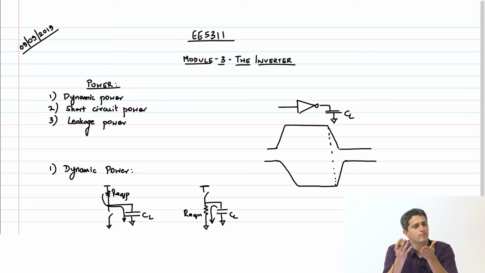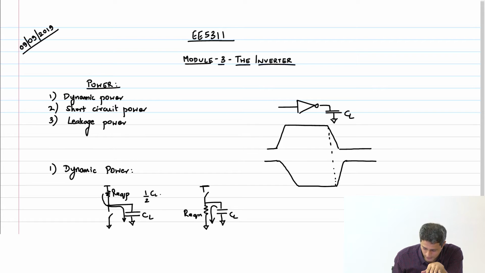Right. So each time the capacitor is charged to VDD, an energy of half CL VDD squared gets stored in this capacitor. Of course, the power supply has supplied CL into VDD squared. That's the amount of energy that this power supply gave. Where did the remaining energy go? It got dissipated in the resistance as heat through the PMOS transistor.